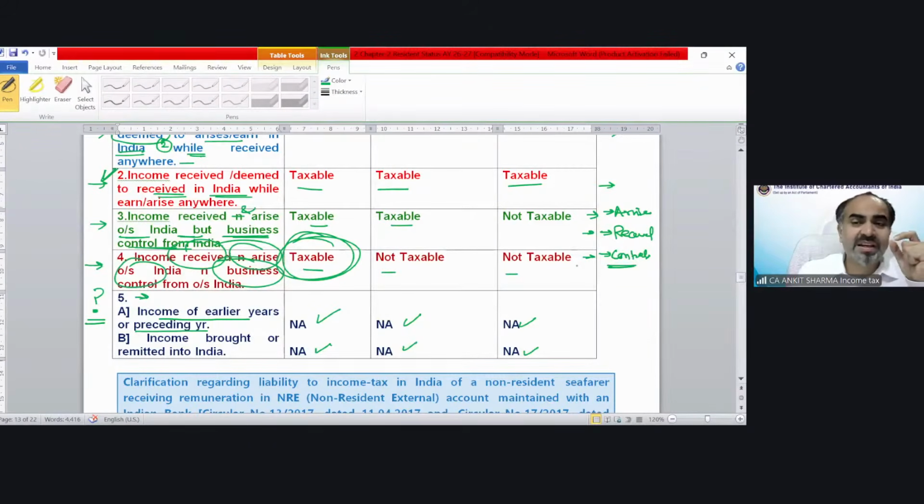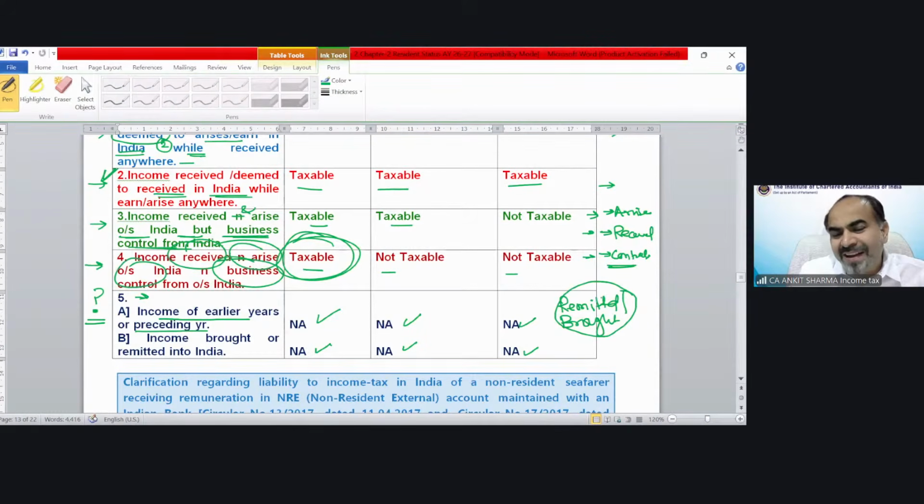We need to see where it has arisen, where it has been received, and from where the income or the business is controlled. On the basis of these 3 factors, we will decide whether it's going to be taxed for which category of person. Now there is a word which will confuse you, and the word is remitted or brought into India.